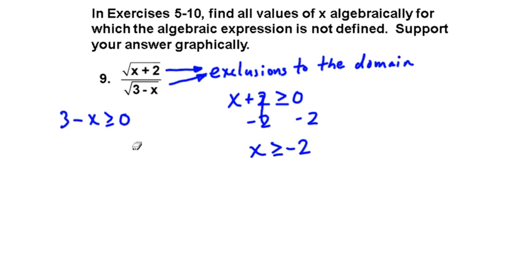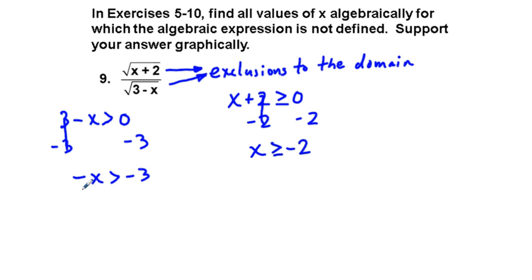So what I'm going to do is take this little inequality that was greater than or equal to and just change it back to greater than. And so now, solving, if we subtract 3 from both sides of the inequality, we have negative x is greater than negative 3.